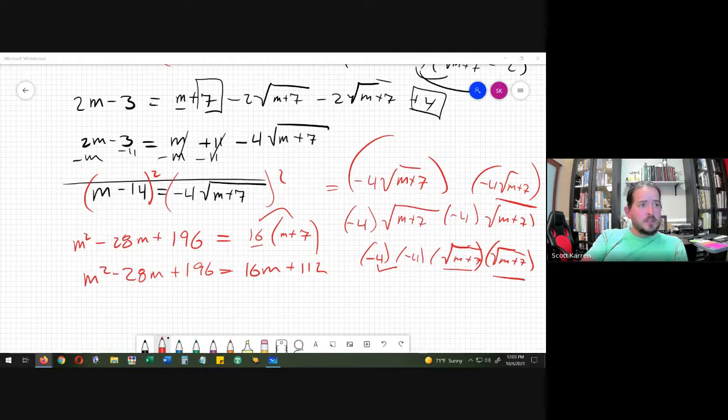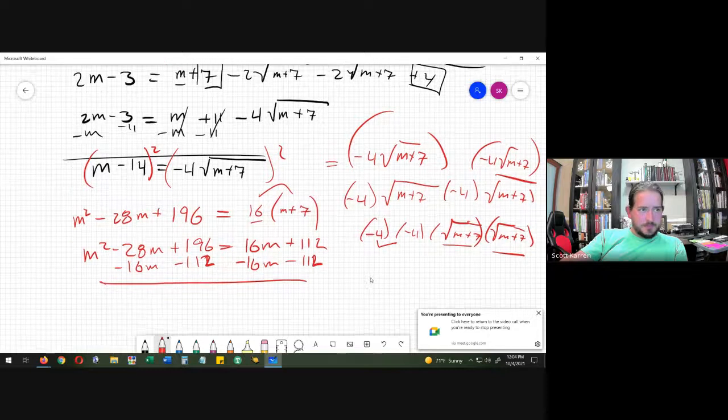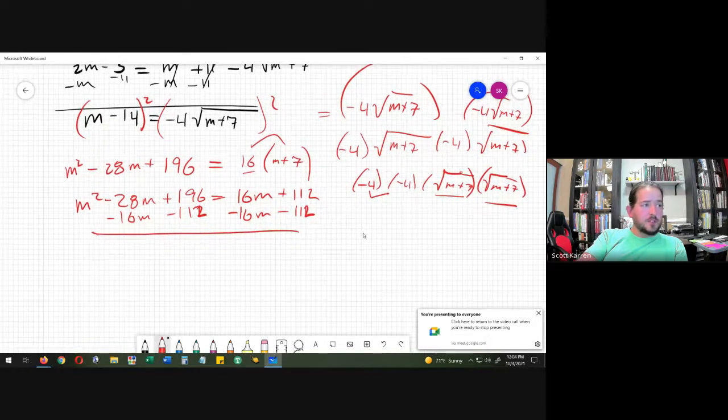And so I'll get everything to the left. So I'll subtract 16m and subtract 112. Some pretty big numbers here. But this gives me m squared minus 44m plus 84 equals 0.